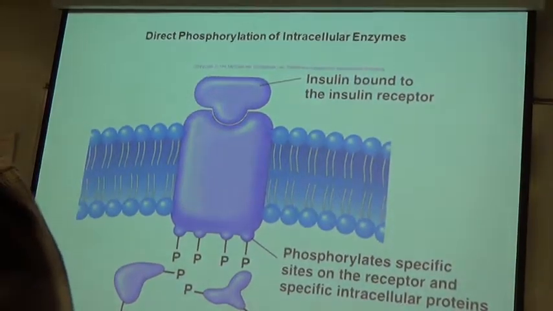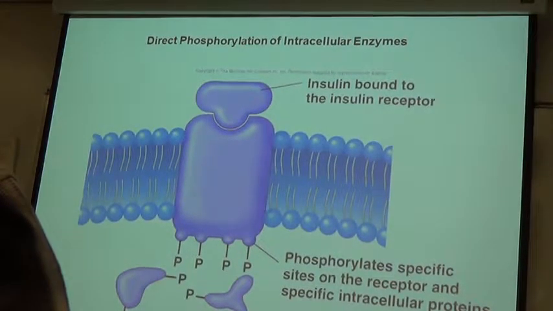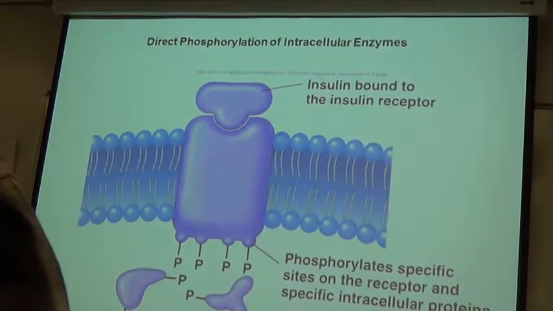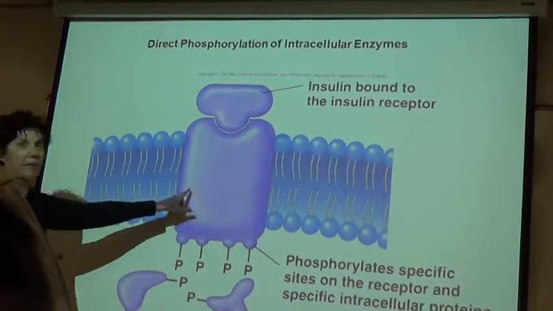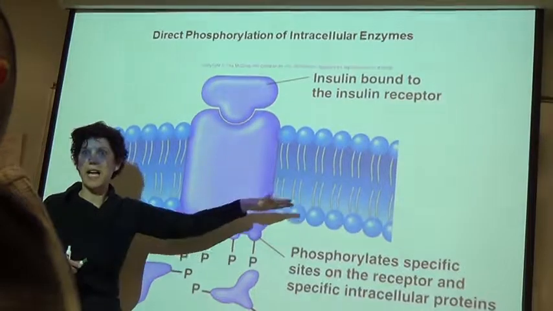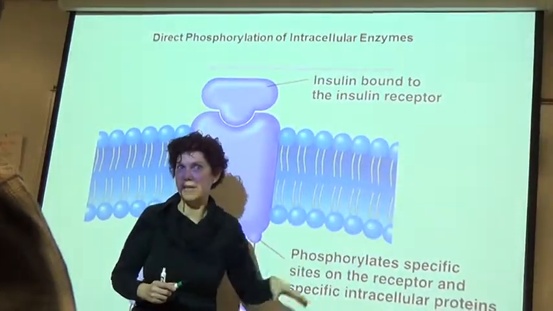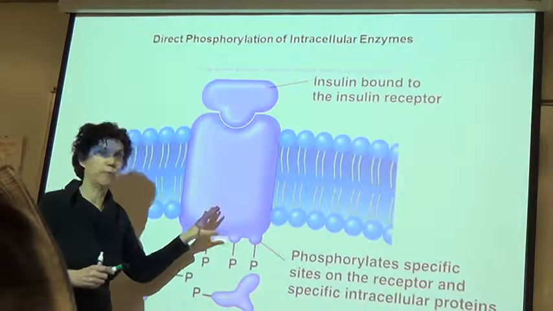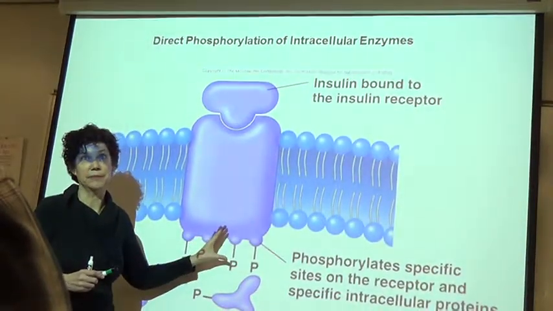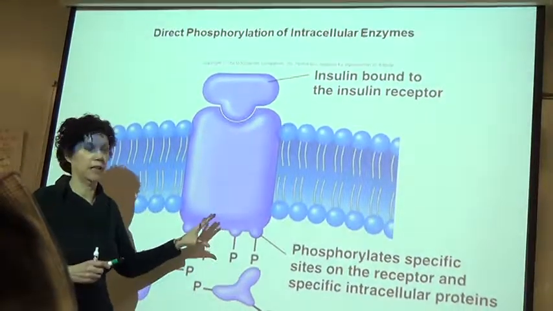What do we call the molecule that did that? No? Protein kinase. Okay, so in this situation, the receptor itself is the protein kinase. And we've gotten rid of the G protein. We've gotten rid of the adenylate cyclase or the phospholipase C. So this is a much more rapid response, but less controllable. Okay, we can't lower levels of other molecules and control it.